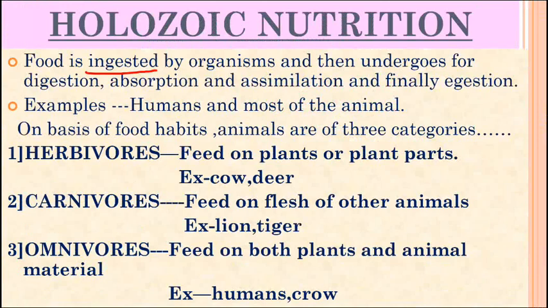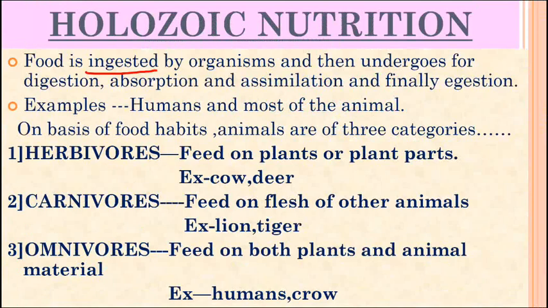Herbivores are the plant eaters. Carnivores are the meat eaters or flesh eaters. That means they eat only the flesh of other animals. And omnivores eat both plants and other animals as food. So the common omnivorous animals are man, sparrow, rat, deer, bear, and dog.